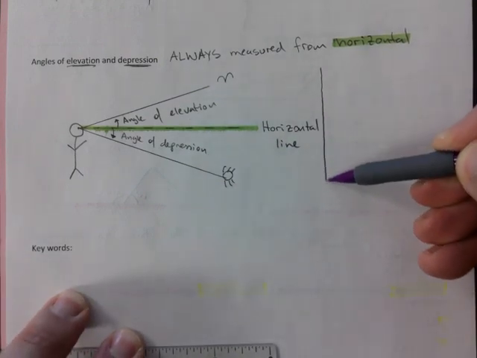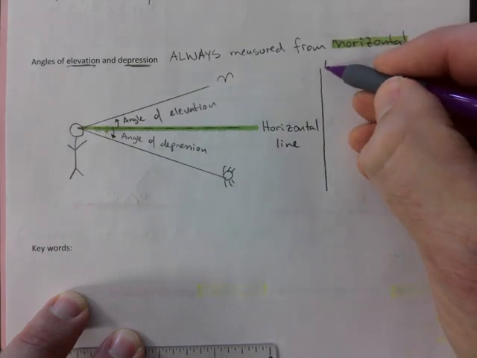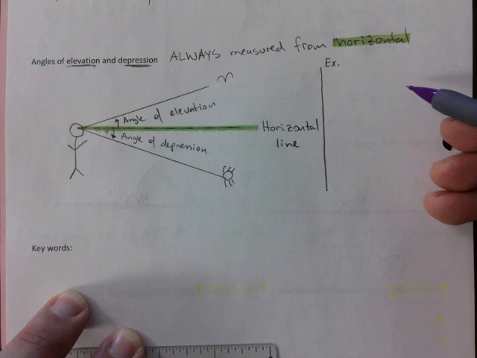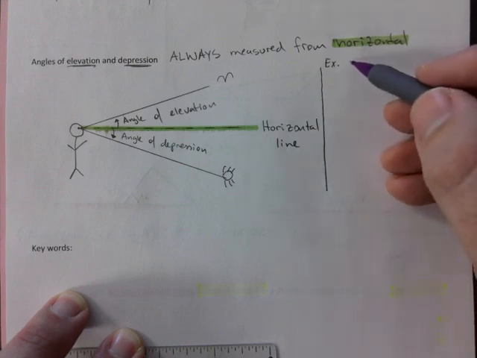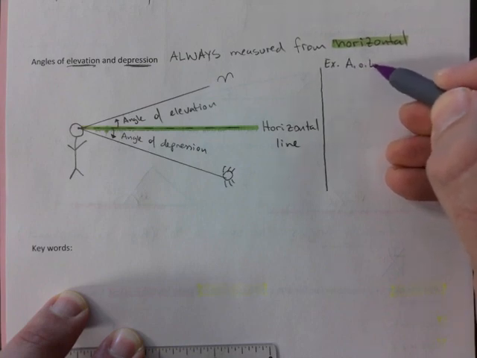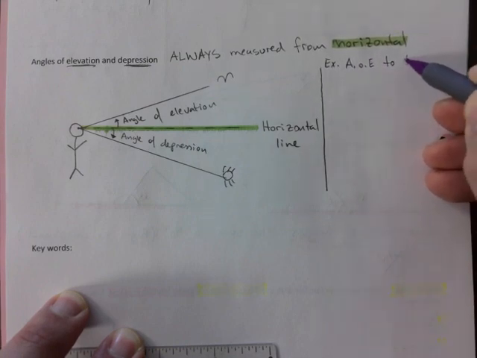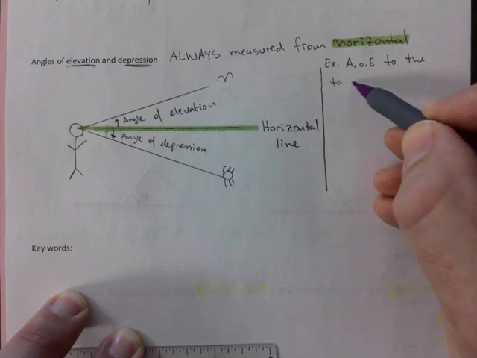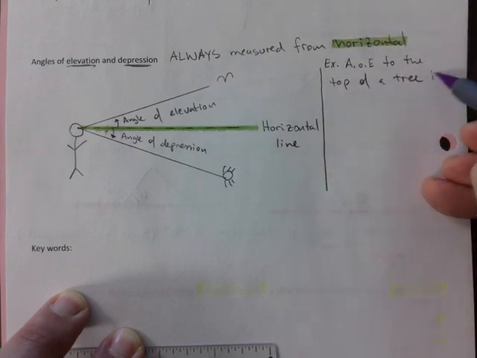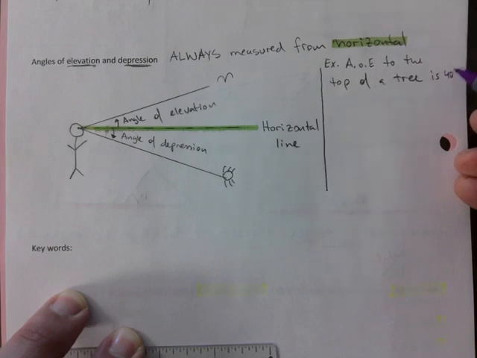I will give you two examples here. Example: the angle of elevation to the top of a tree is 40 degrees, let's say.